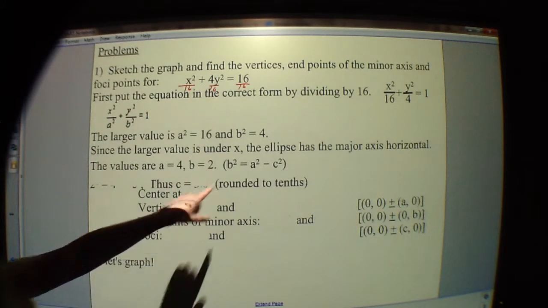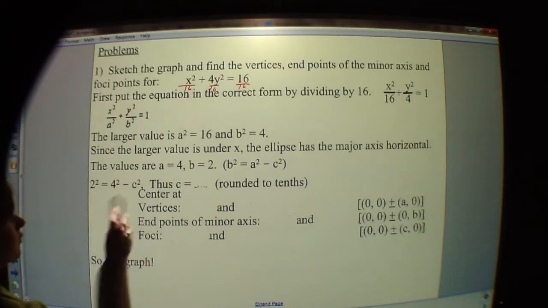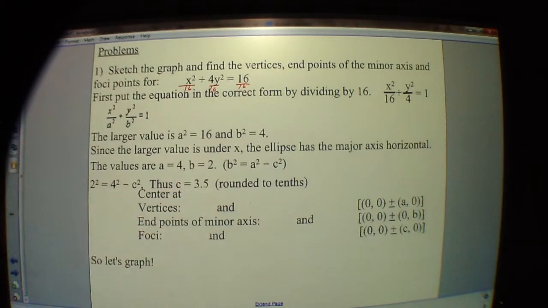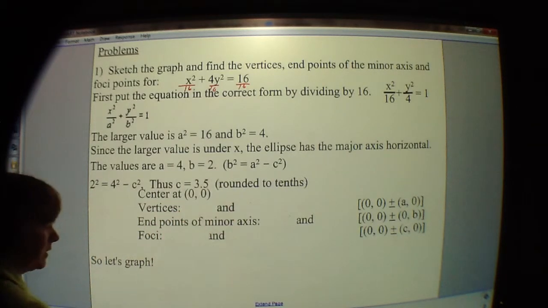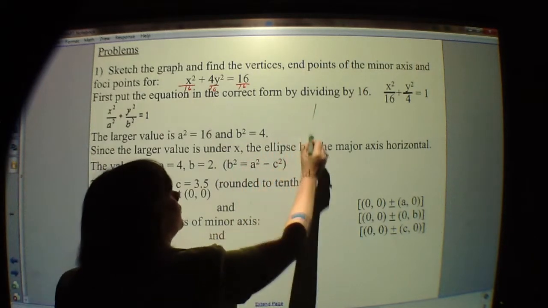You can use this equation to find c. So you could do b squared is equal to a squared minus c squared. Solve it for c squared, so 4 squared minus 2 squared. 16 minus 4 is 12. The square root of 12 is about 3.5. This ellipse has a center at (0, 0). So my center's at (0, 0).